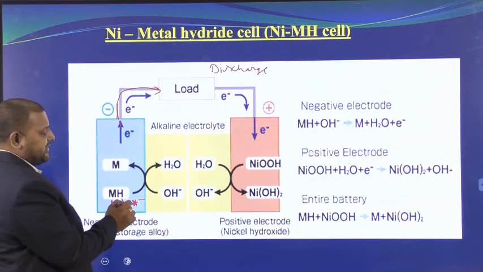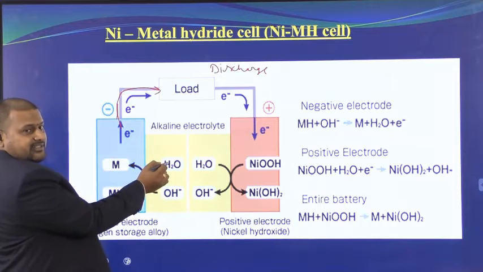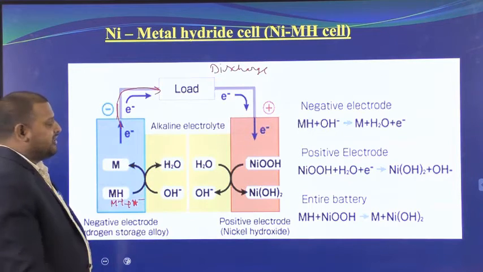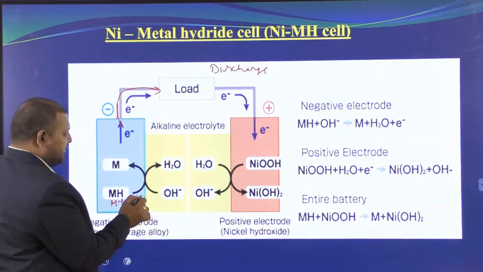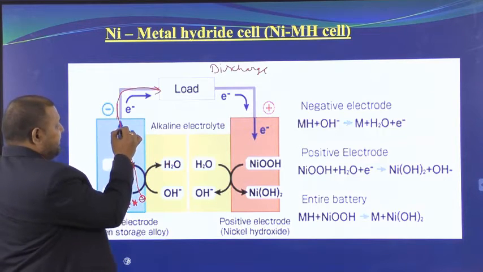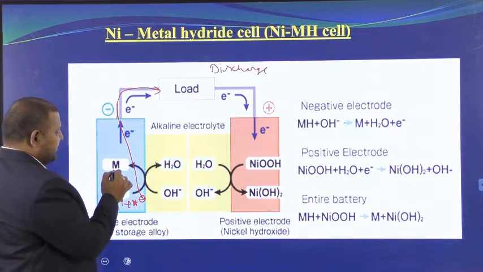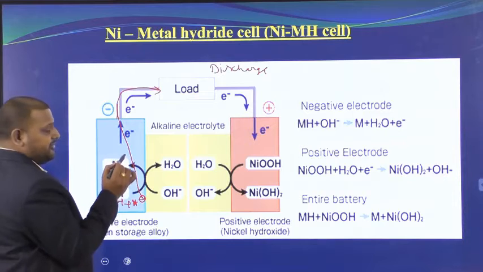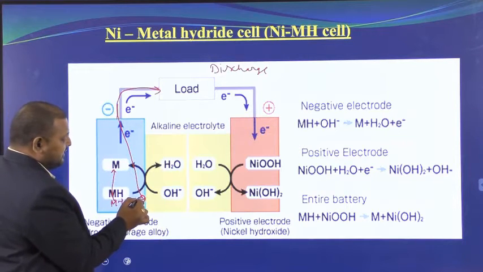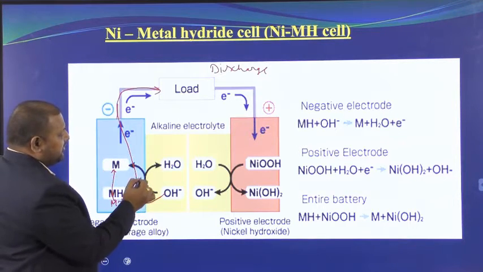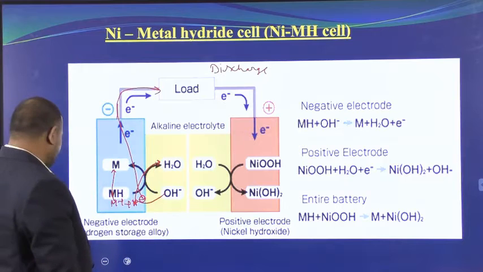So we get H plus and OH minus, and it becomes a water molecule here. M becomes M minus and goes here. Very good. And this H plus and OH minus, both of them combine to form a water molecule.